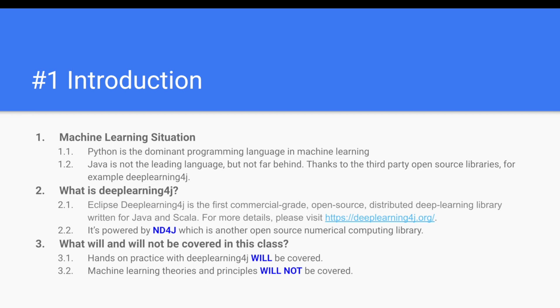It's also powered by ND4J, which is another open source numerical computing library. So in this video, I'm going to cover hands-on practice with Deeplearning4J. In terms of the machine learning theories and principles, they will not be covered.